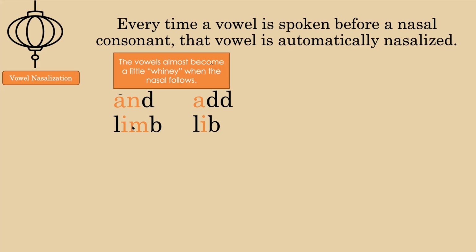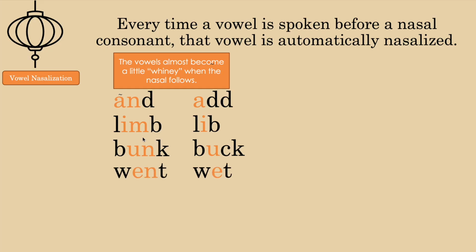That I gets higher. Limb, lib. Here's another example. Monk, buck, monk. Kind of goes almost back into that sound there. Very hard for students to pull out these because they are so overpowered by that nasal. Went, wet, went, wet. It's slightly whiny.